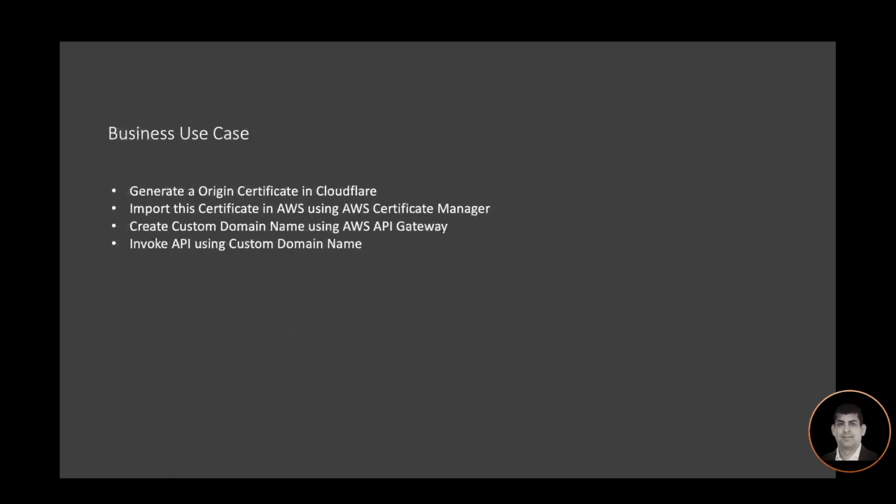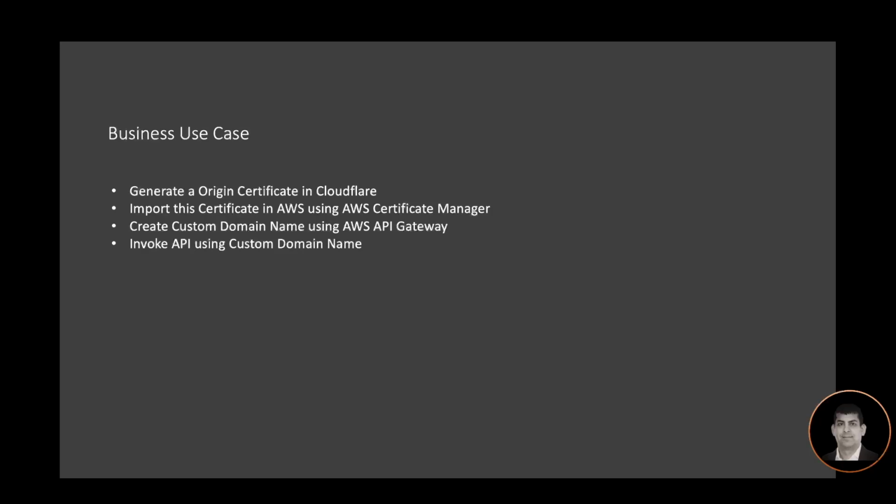Let's look at our business use case. Our business use case is to generate an origin certificate in Cloudflare. Cloudflare in this example is a DNS provider, hence I have to generate a certificate in Cloudflare.